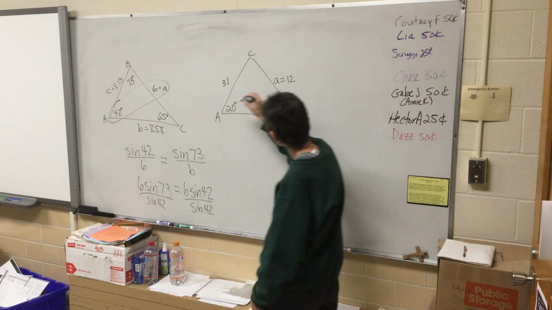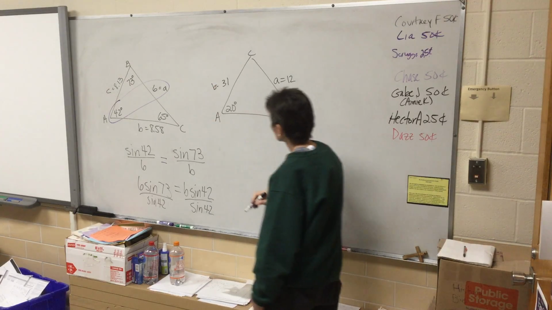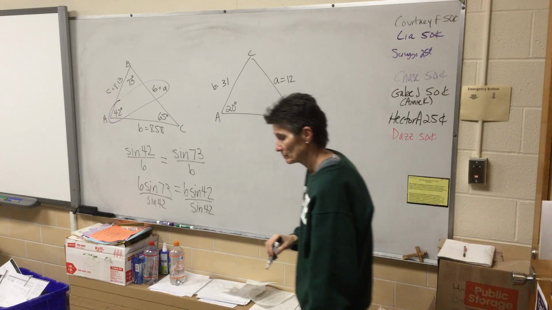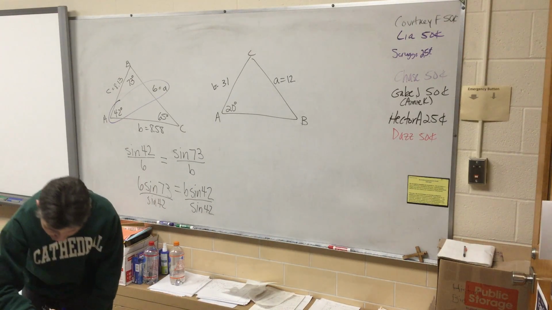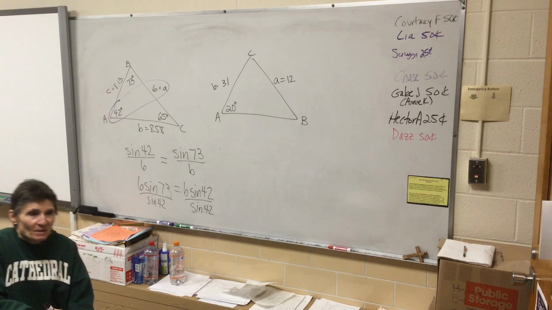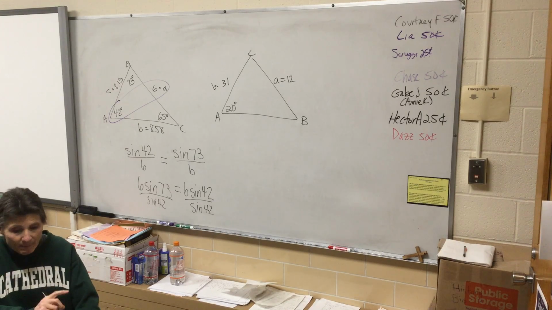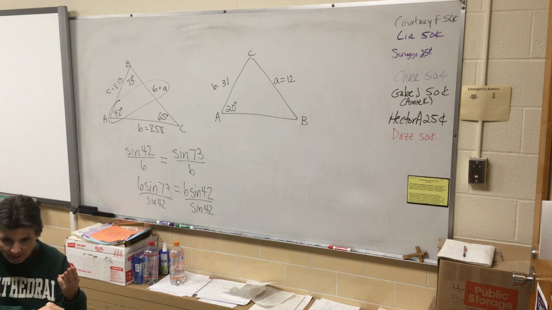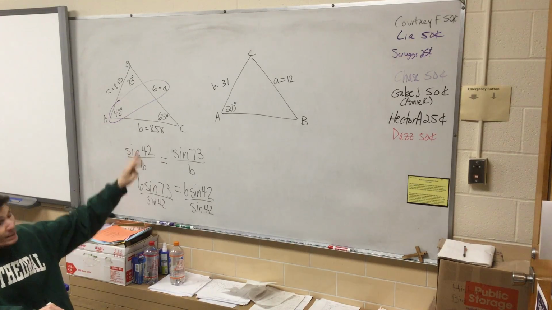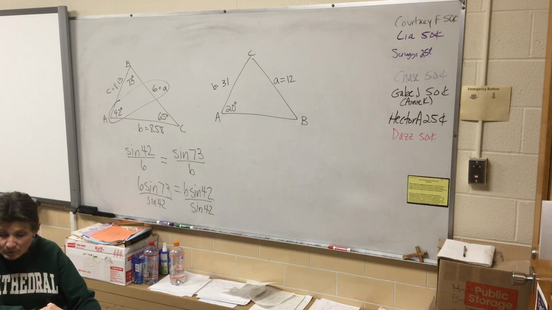A was 12, B was 31. Remember when we solve triangles, you're always given 3 things, and then your job is to find the other 3. So now we're going to set up the law of sines, and we're going to find the other things.